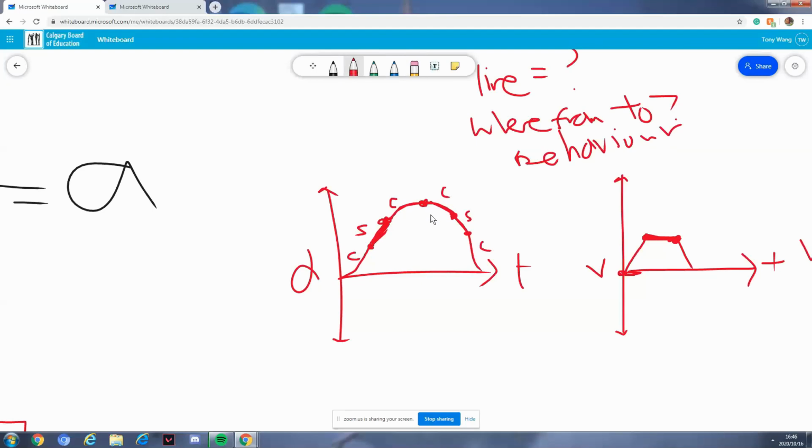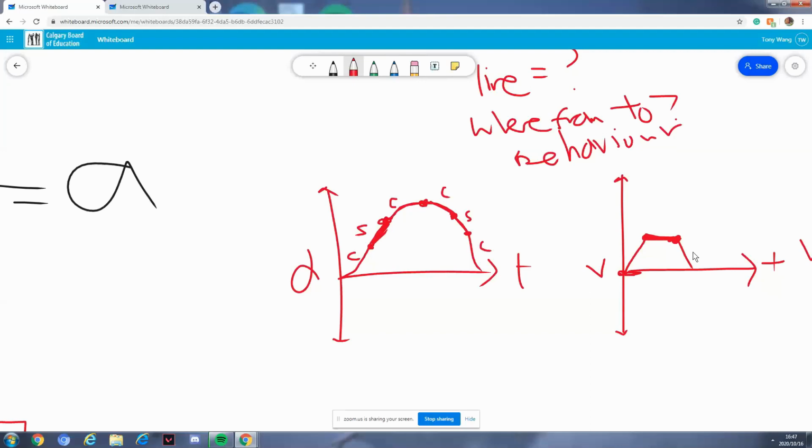It would go on to the negative side. So from the point left off, what type of line would it form, first of all? It is flat.